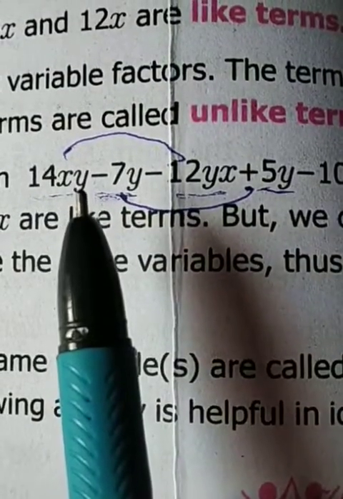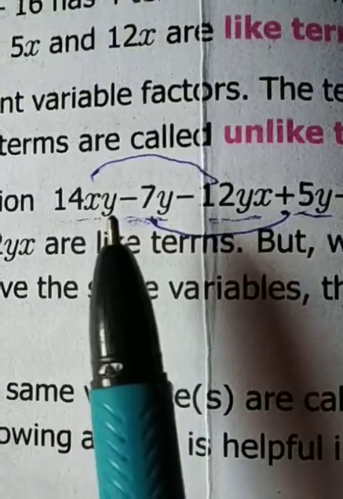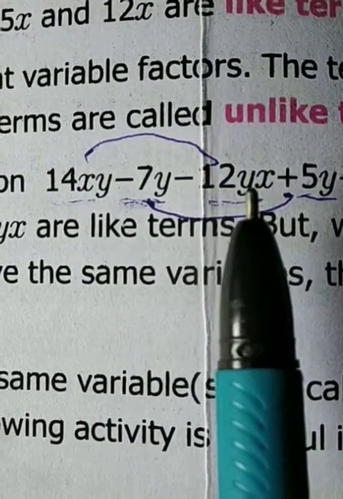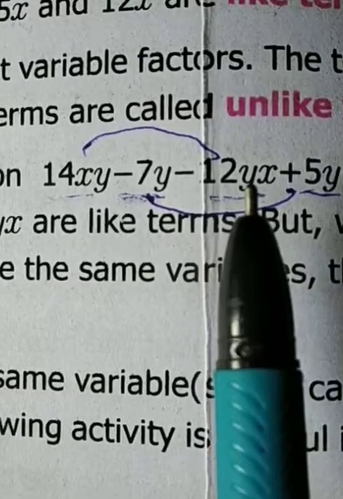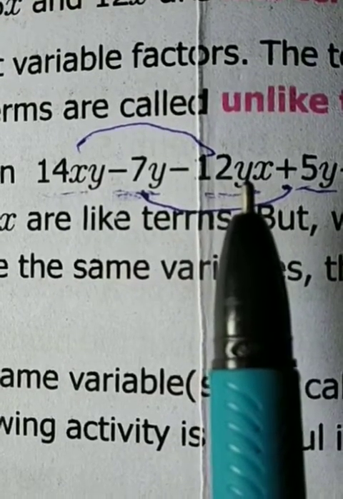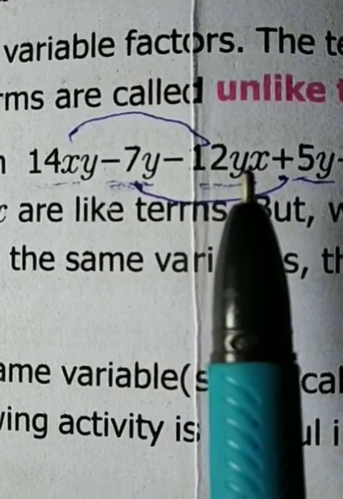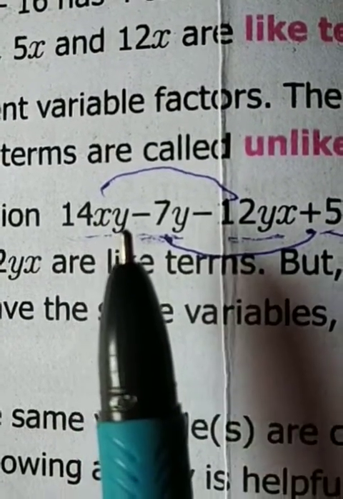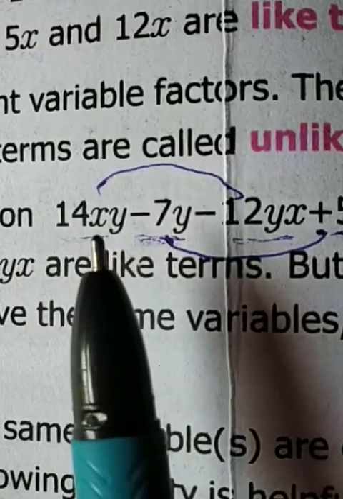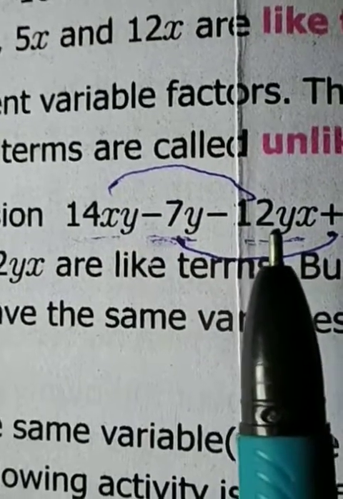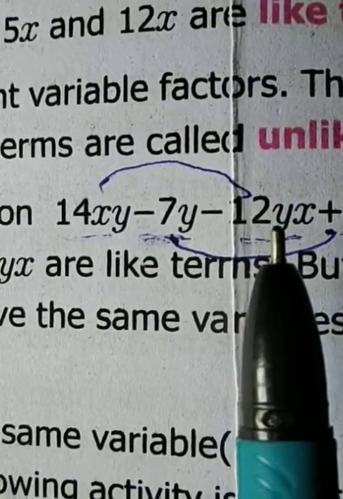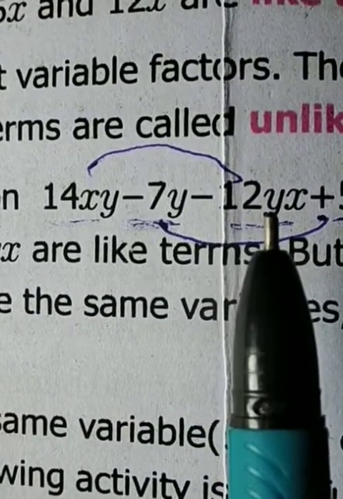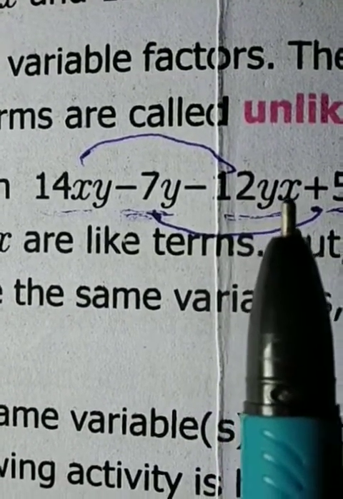Likewise, here we are having 14xy and minus 12yx. Are they same or different? Both are same because xy, the multiple of x and y, is nothing but the same value as the multiple of y and x.